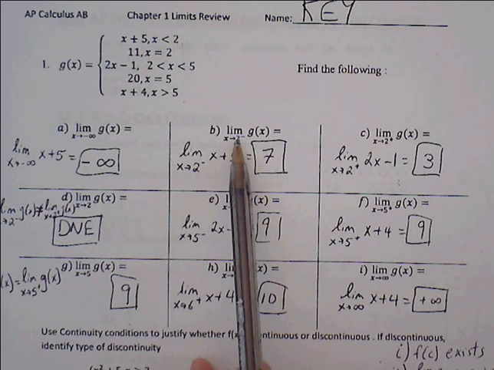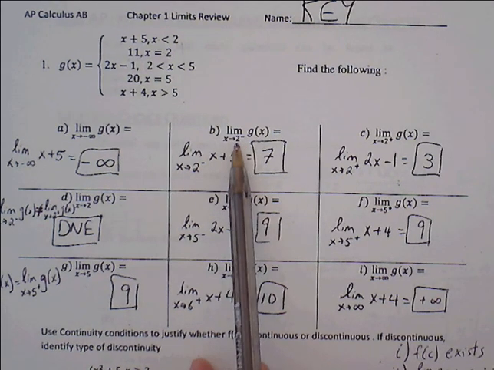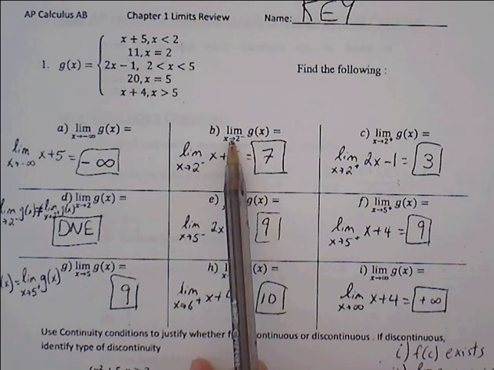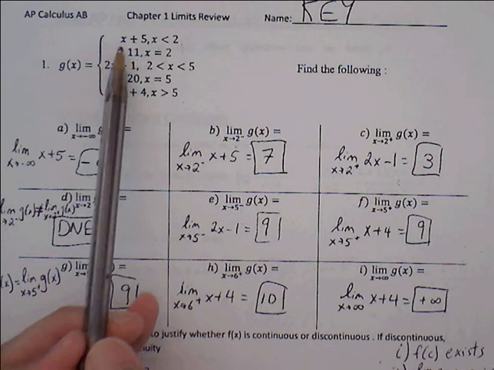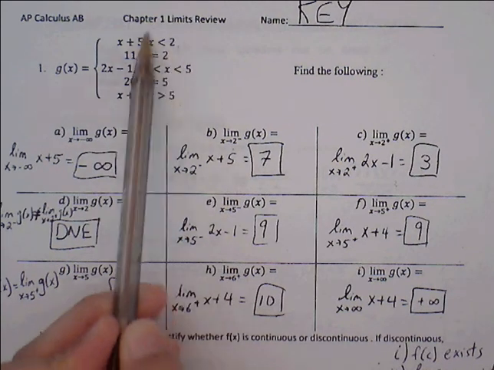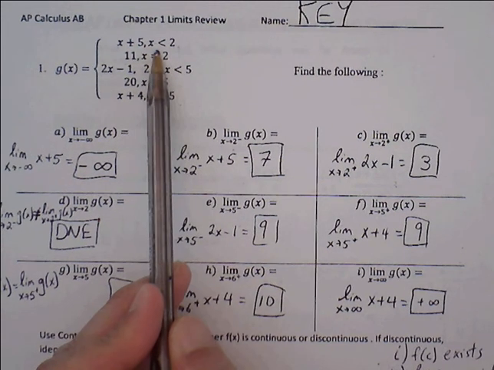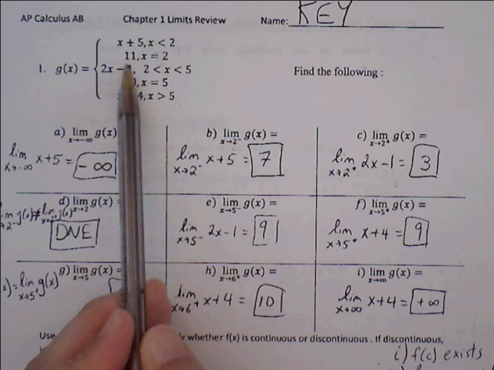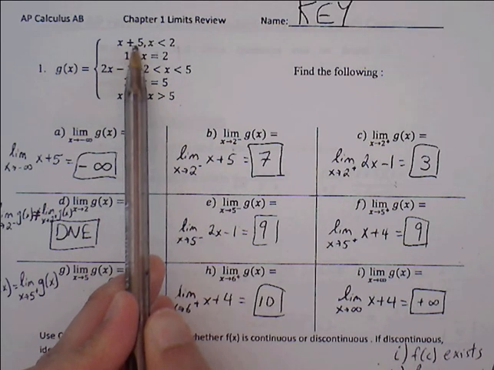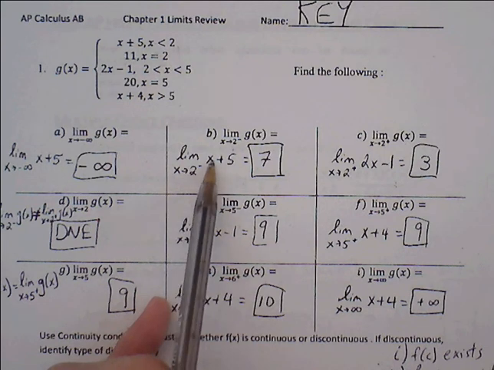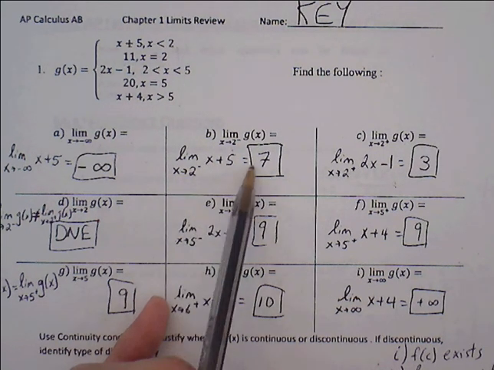So we have to look at the behavior of the y value as the graph approaches the x value of 2 from the left side. From the left side of 2, the condition that will match is x is less than 2. So when x is less than 2, we're using this expression. If we plug in 2 into this expression, we get 2 plus 5, which is 7.